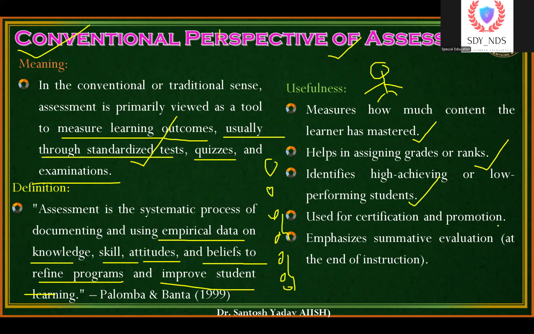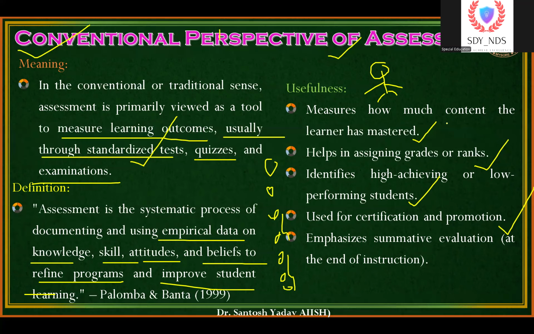It is used for certification and promotion. In the 5th, 6th, 8th and 9th standard, there was only a final exam. The final exam did not happen in the first, second or third month, but in the last month when our session was going to close. The board, college or school prepared the question paper and distributed it to the students.